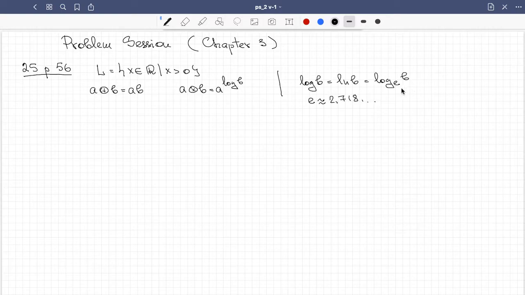So if in the book the base for the log is not specified, if it is not E but something else, the changes are small, not substantial in this problem.